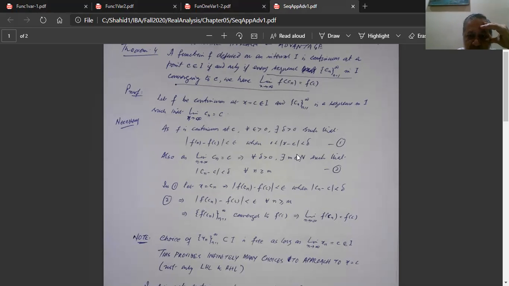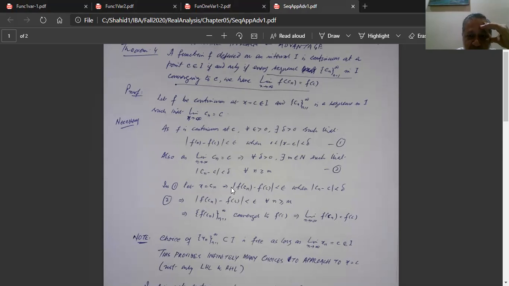Now, in the second condition, |x minus c| less than delta, replace x by cn, points which are elements of the interval as well as members of the sequence.